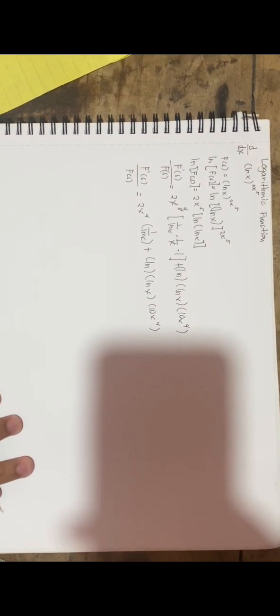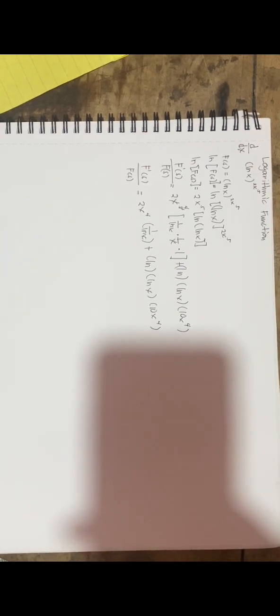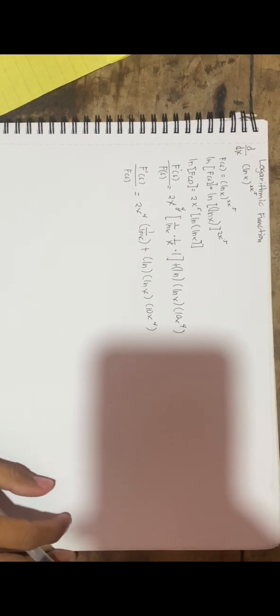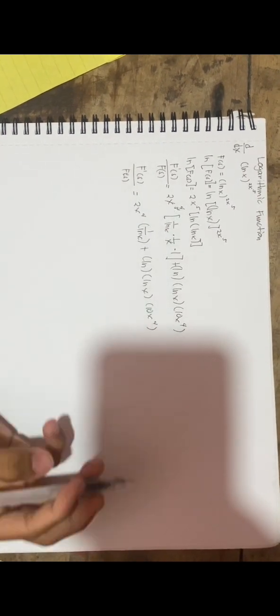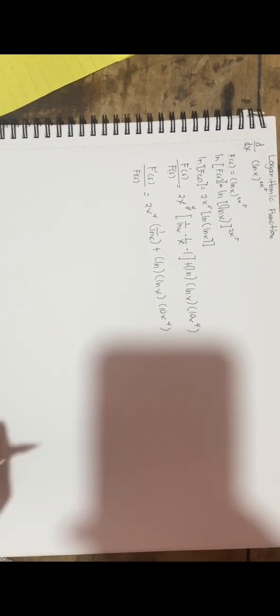Let us multiply both sides with f of x to cancel out this f of x, which is at the denominator.